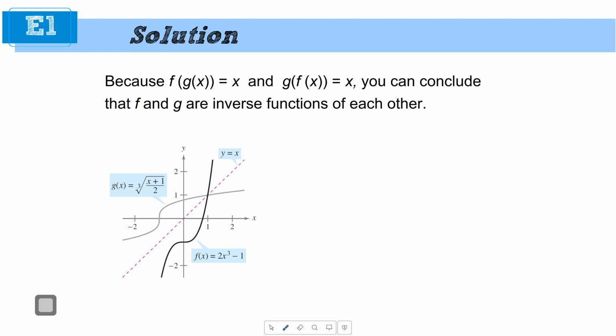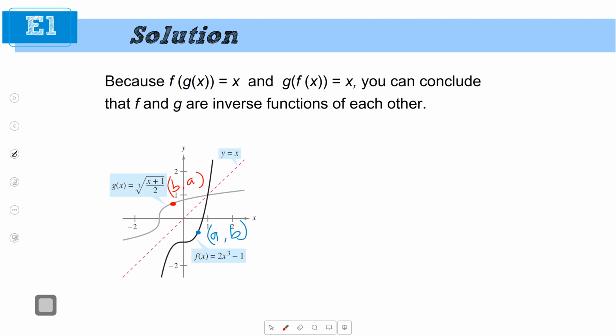The other thing we need to talk about is, what if I have a point here, (a, b)? If I take that point and flip it over the line y equals x, it'll end up over here on the inverse. What's the coordinate of that red point? (b, a), very good.